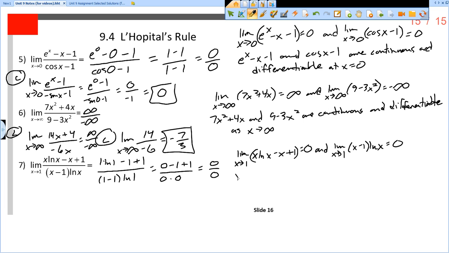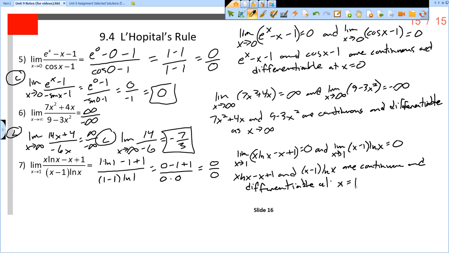And then, of course, we need to state x natural log of x minus x plus 1 and x minus 1 times the natural log of x are continuous and differentiable at x equals 1. All right, and so now we can use L'Hopital's rule.